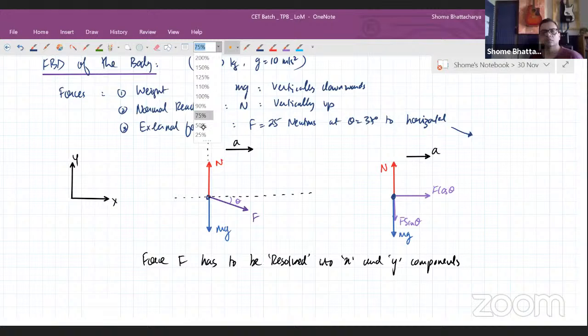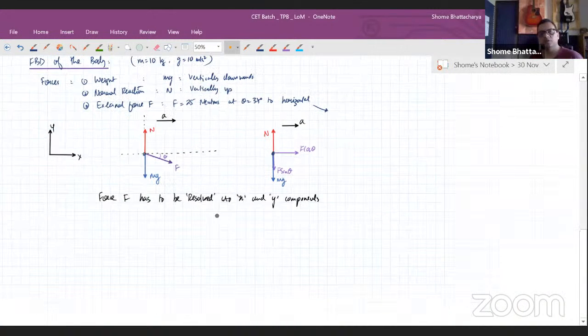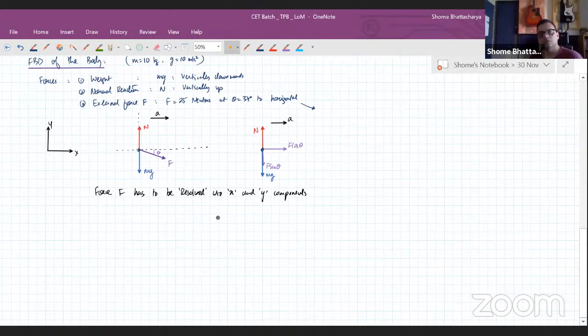So we have this now. So now we can apply Newton's second law.